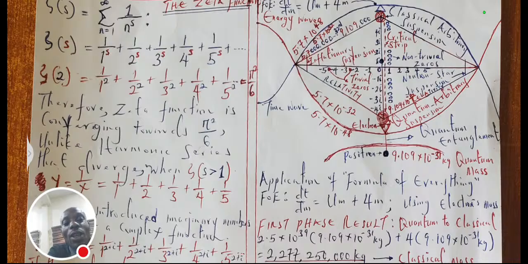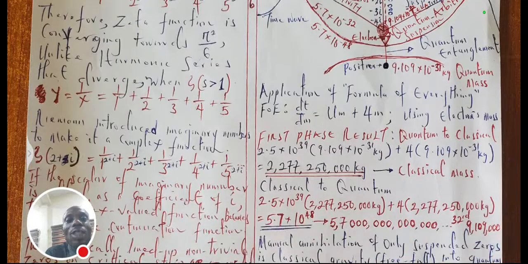Then it will actually converge to pi squared over 6, like I said the other time. Therefore, the zeta function is converging towards pi squared over 6, unlike the harmonic series that diverges. You understand? So we can only have this converging virtue when the value of s is actually greater than 1.